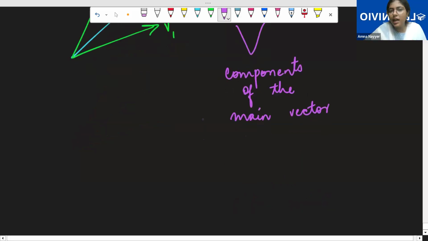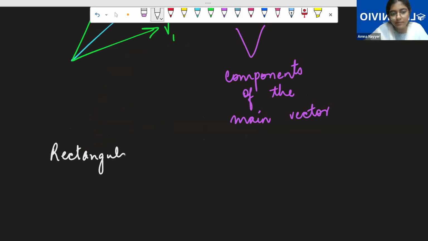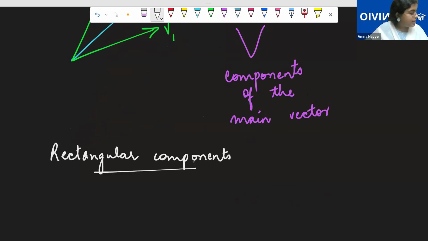Now, you don't have to study any sort of random components. You just have rectangular components to be studied. Now, what is meant by a rectangular component?